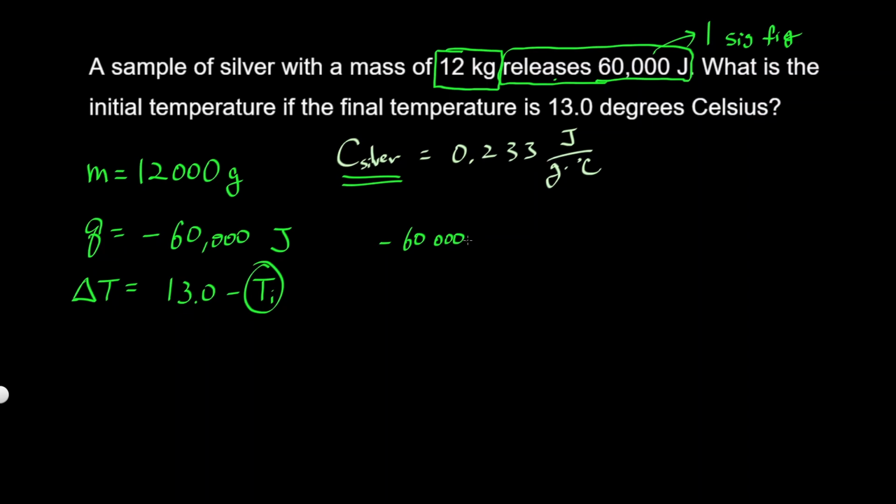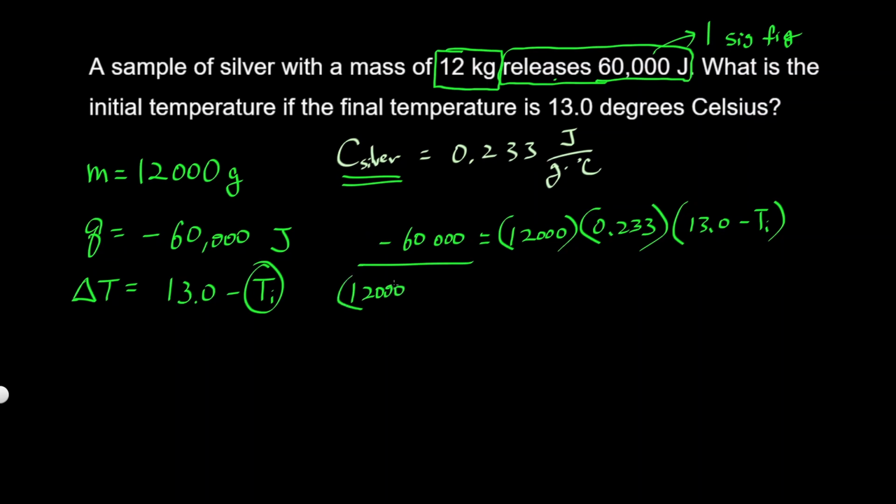Negative 60,000 should equal M, 12000, times C, 0.233, times delta T. I'm going to put 13.0 minus T initial. So I'm going to divide it out: divided by 12000, divided by 0.233.